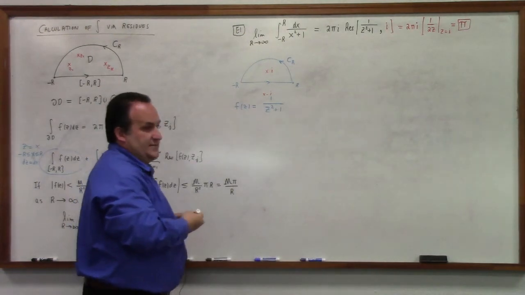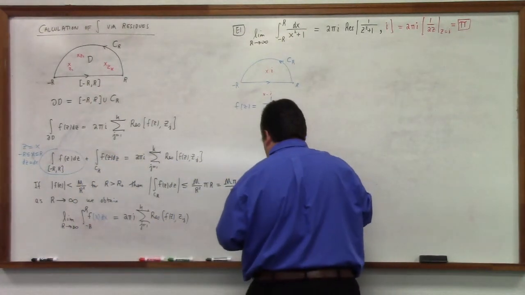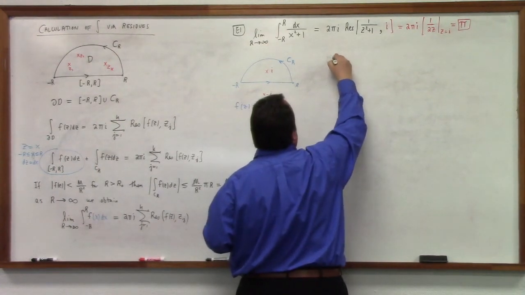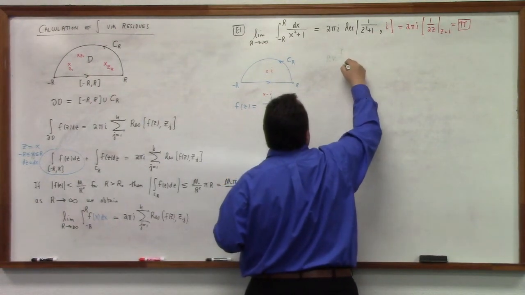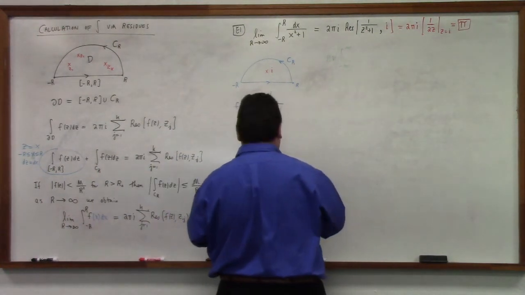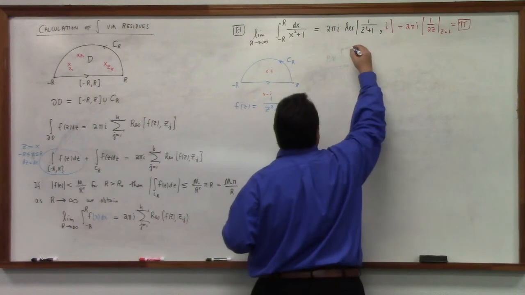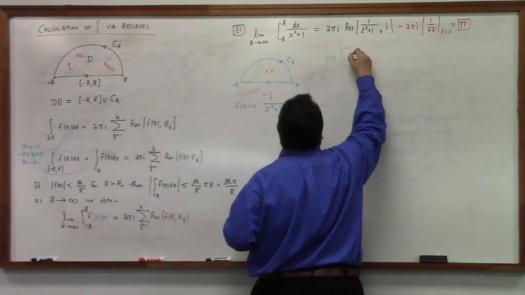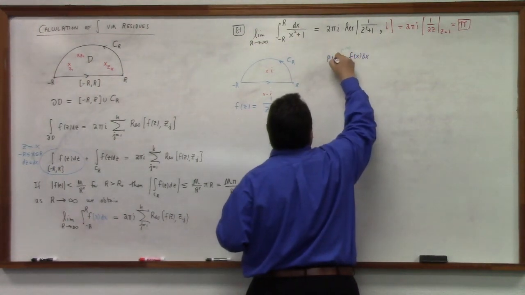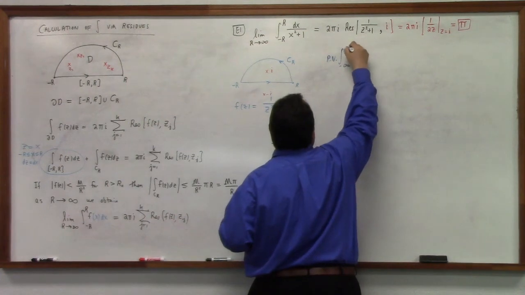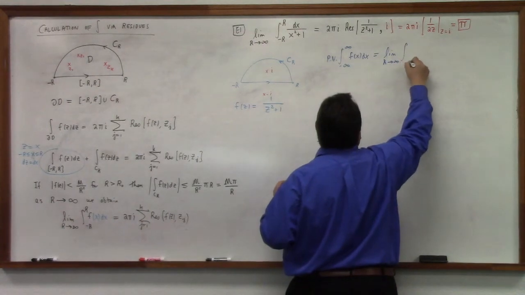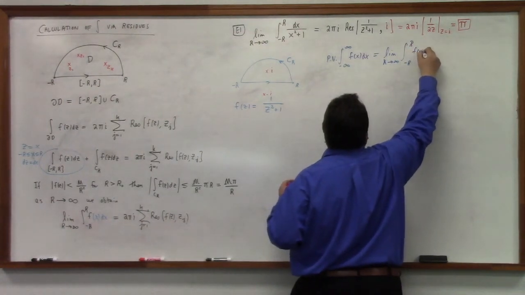Now, technically speaking, I should mention that what we're calculating right now is the principal value. I don't know if you've ever heard of this, probably not. The principal value of the integral from minus infinity to infinity of f of x dx is literally the limit as r goes to infinity of the integral from minus r to r of f of x dx.